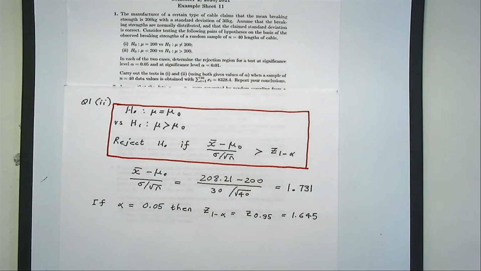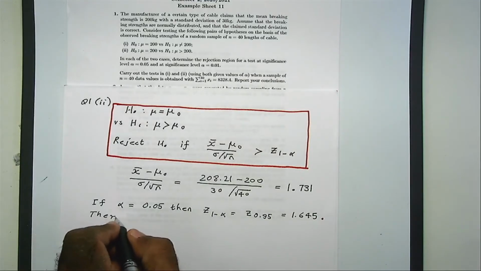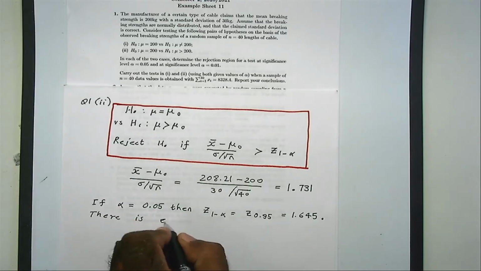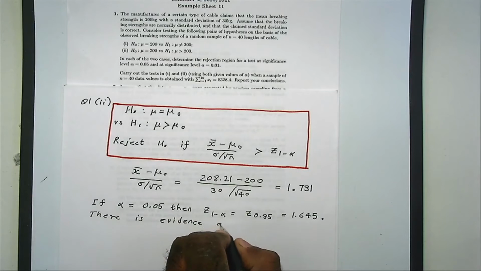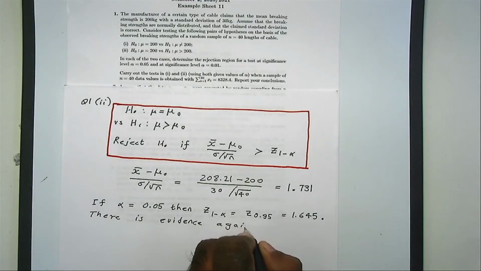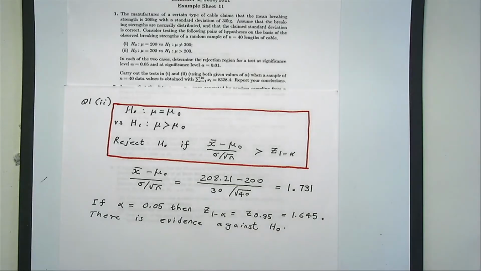So in this case 1.731 is greater than 1.645. So what you can say is that in this case there is evidence against the null hypothesis. That's when alpha is 0.05.